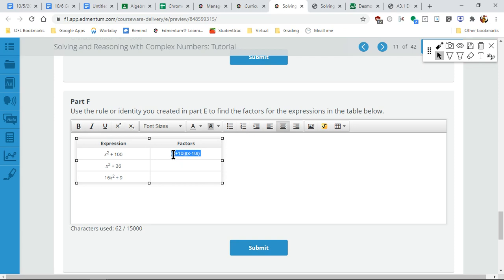What I like about this type of factoring is I don't have any exponents, so I don't have to use the equation editor. Now the square root of 36 is just 6, so we get this conjugate right here, this plus and minus. This is still the same thing.